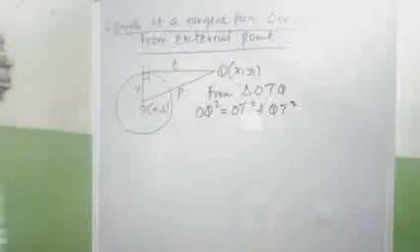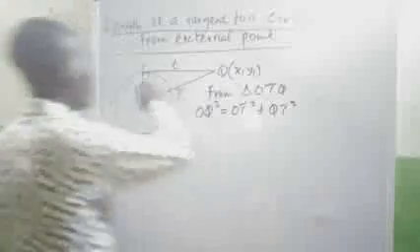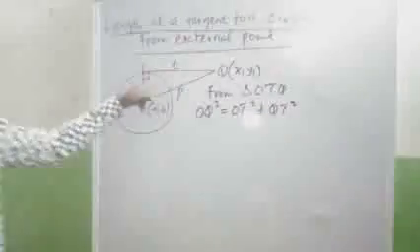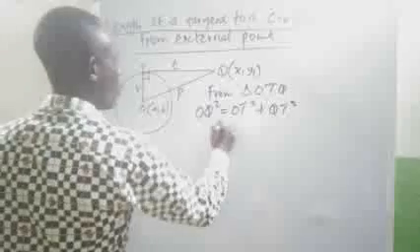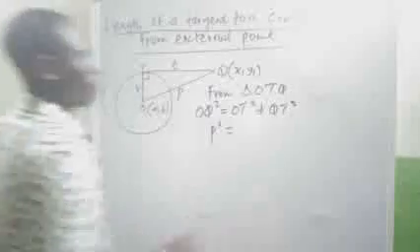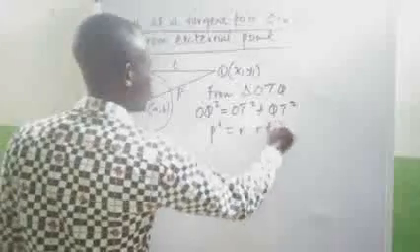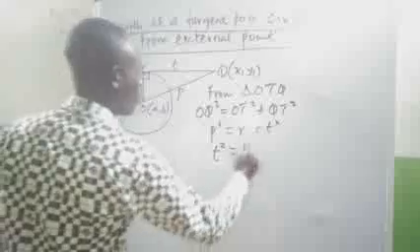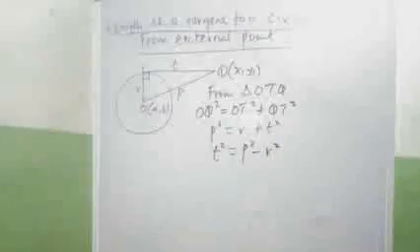Pythagoras theorem. This triangle is a right angle triangle. You can look at it, you can see it here. This is the 90-degree point. So we have p square is equals to r square plus t square. So that our t square will be equals to p square minus r square.